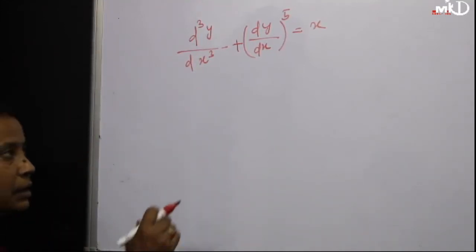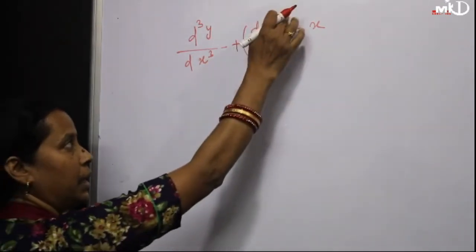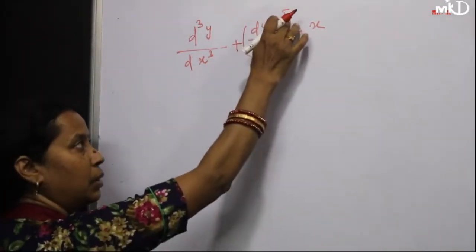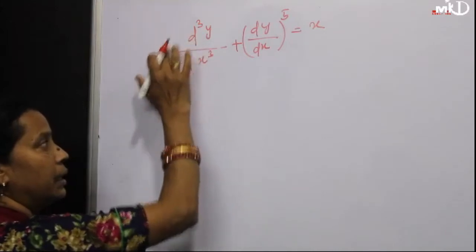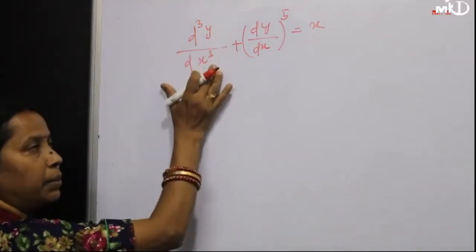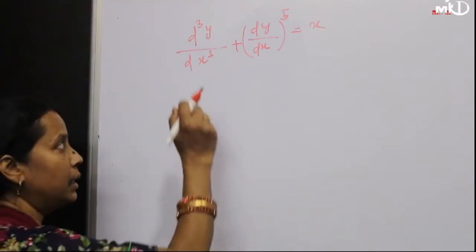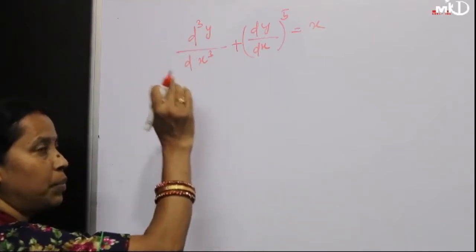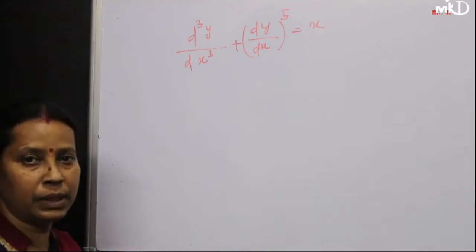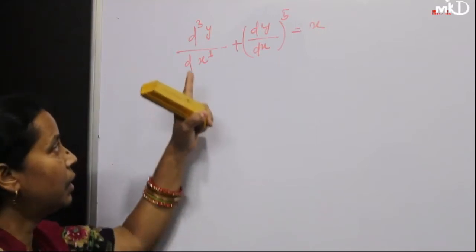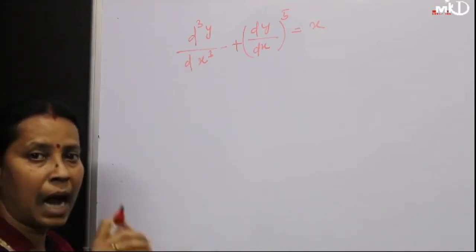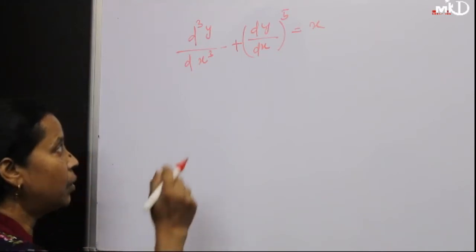Now you see the integral power of dy by dx is 5, but the integral power of d cube y by dx cube is 1. So the degree is 1, because the degree of the differential equation is the integral power of the highest order differential coefficient.